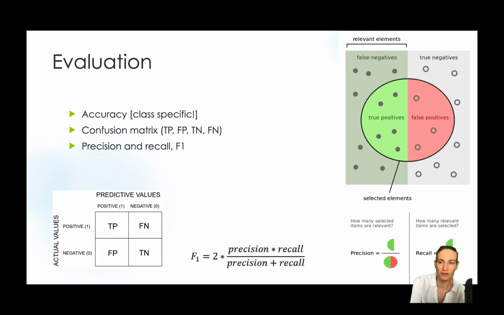Basically, if you fill in this matrix, what you want is high values on the diagonal that goes top left to bottom right. The true positives and the true negatives, that is what you want to optimize. Looking at this kind of matrix is very interesting because it allows you to spot if there's a specific class for which you're performing badly. And in that case, you can have a look at your data set and see what kind of things you can improve.